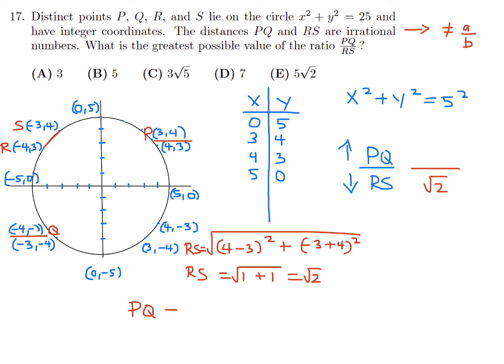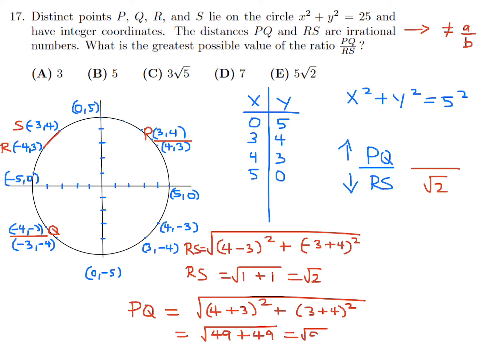Let's figure out that value using the distance formula: 4 plus 3 squared, and then 3 plus 4 squared. That gives 7 squared, which is 49, plus 49, and that's root 98. And that's the biggest PQ.